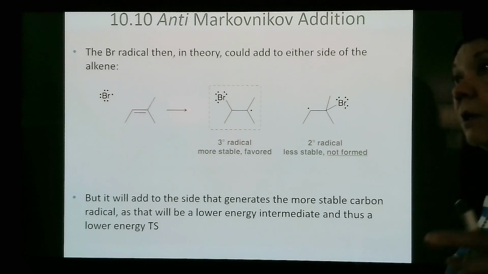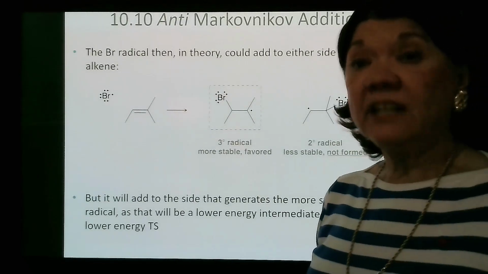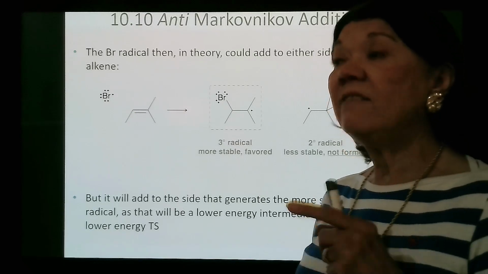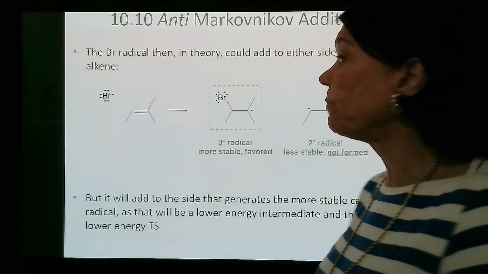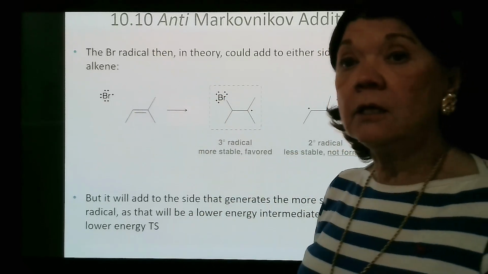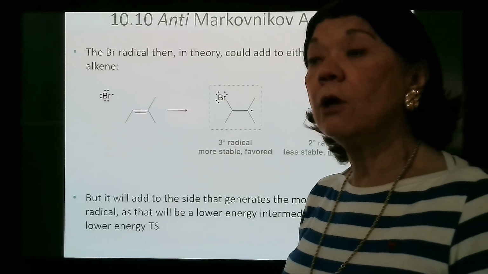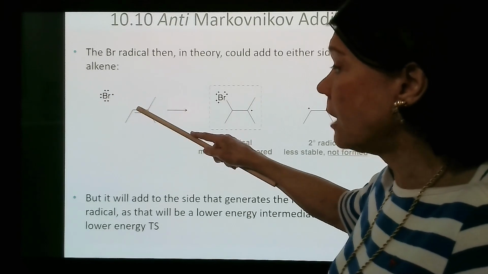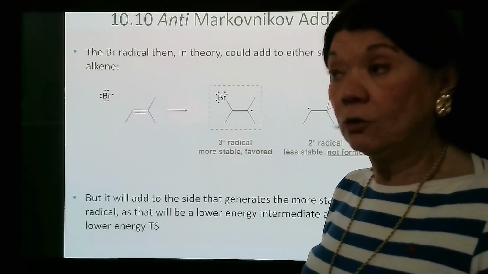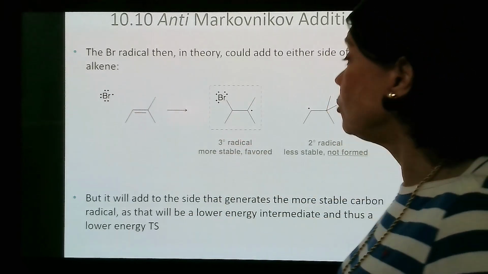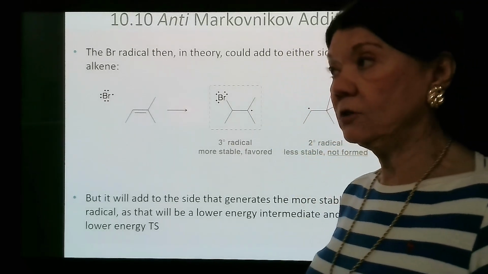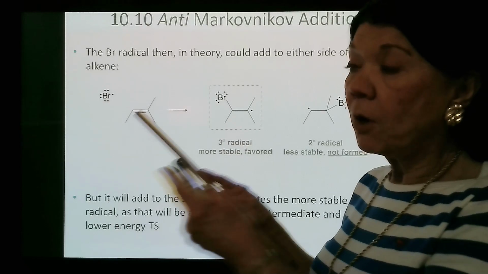So in Markovnikov addition, under acidic conditions, you have H+ adding to the double bond to give you the more stable carbocation. Here we have Br dot adding to the double bond in a manner to give you the more stable radical. So there are similarities to the Markovnikov addition.